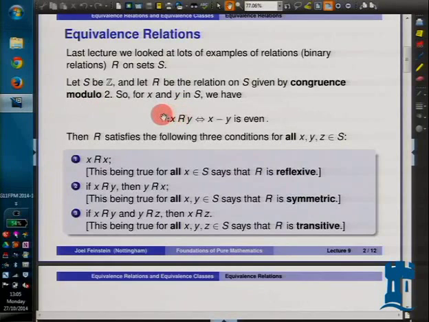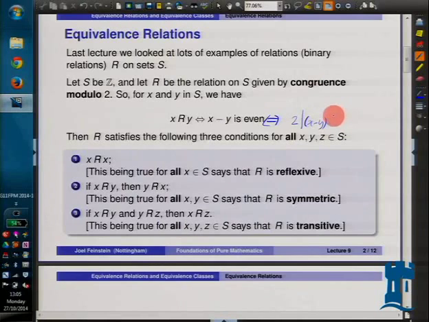That's x is related to y if and only if x minus y is even, which we could also say as if and only if 2 goes into x minus y exactly. So it's x minus y is divisible by 2. That's one of the easiest ways of working with it, as we'll see in a minute.